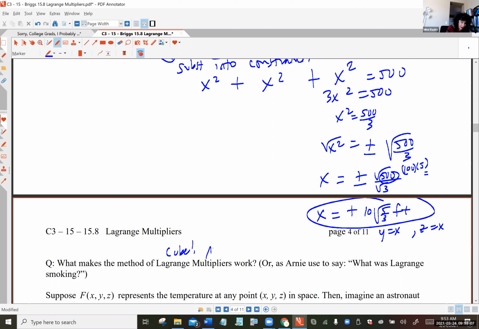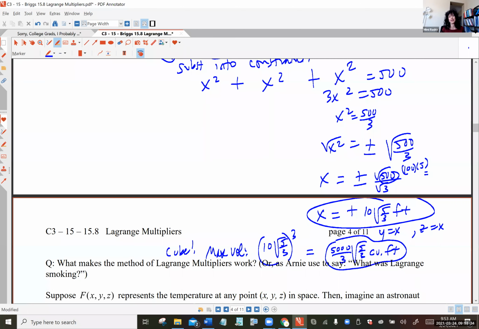So then what? The max volume for this cube is going to be the dimension x cubed, because all the sides are the same. And so if I clean this up a little bit, I'm going to end up getting 5,000 thirds times the square root of 5 thirds, very weird number, cubic feet will be the max volume for this box.